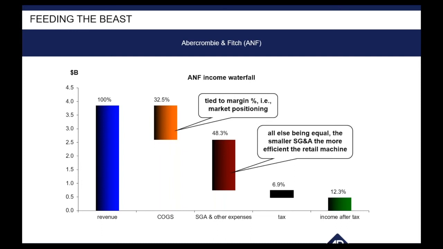So I like these two examples exposed to one another because they exemplify the two different dynamics going on. The market positioning associated with the cost of revenue and the underlying margin, and on the other hand, the efficiency of the machinery that supports the retail business. In this case, their income after tax, this actually was from a couple of years ago, is quite healthy, 12% of top line, which is quite a very healthy number.